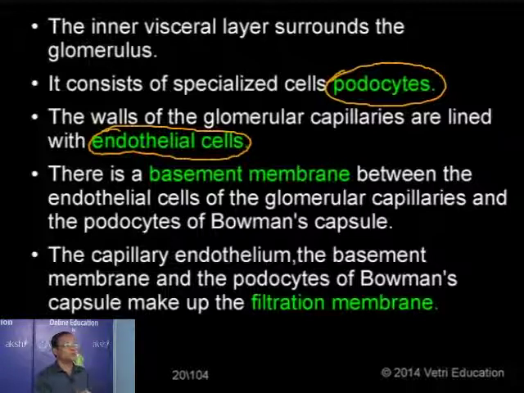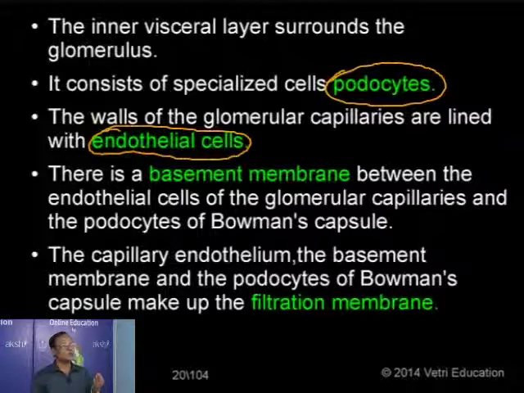So we have the podocytes of the visceral layer, then the endothelial cells of the blood capillaries, and the basement membrane lying between the podocytes and endothelial cells. These three units together form the filtration membrane or the filtration unit.